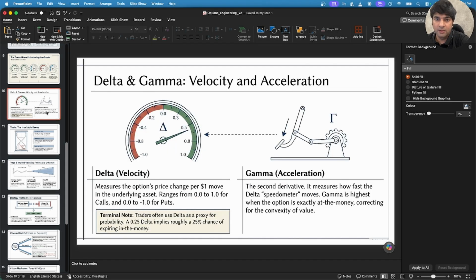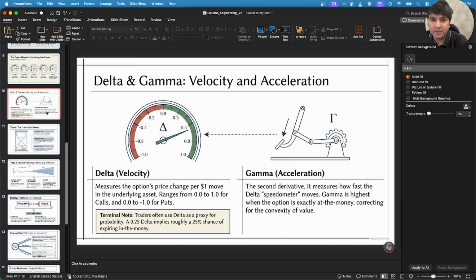Next, let's deep dive into delta, gamma and every other Greek in detail. As we mentioned, delta is actually a velocity measurement. Like you have a car with an odometer, you can assume that delta is the odometer for the car. It measures the price change. For example, a $1 move in the underlying asset gives 0 to 1 for calls and 0 to -1 for puts.